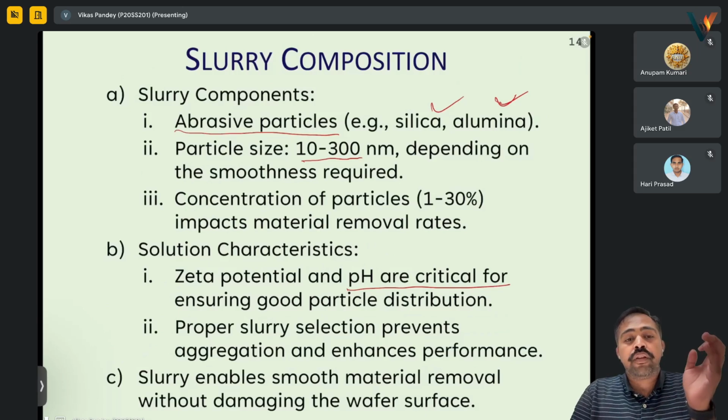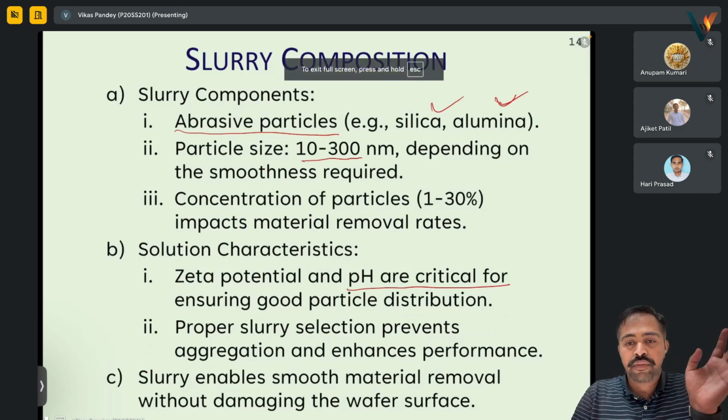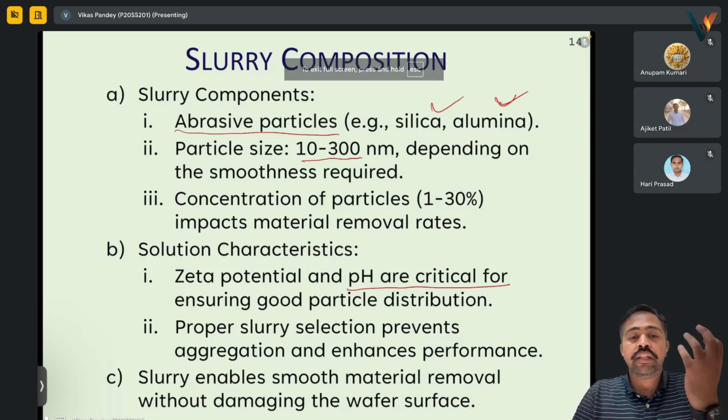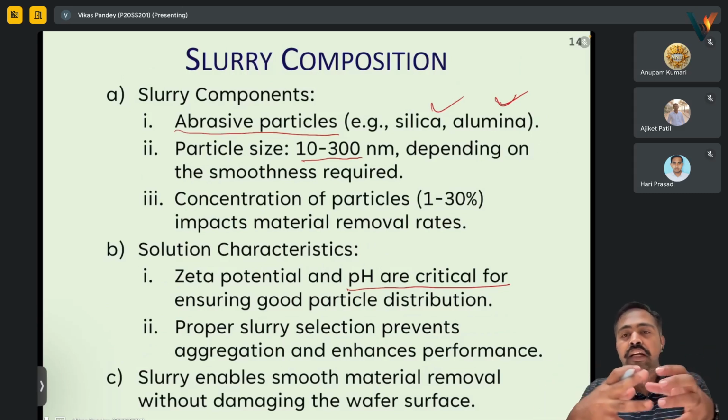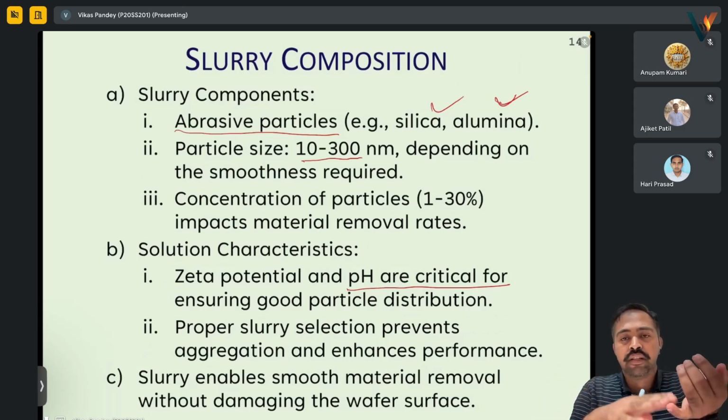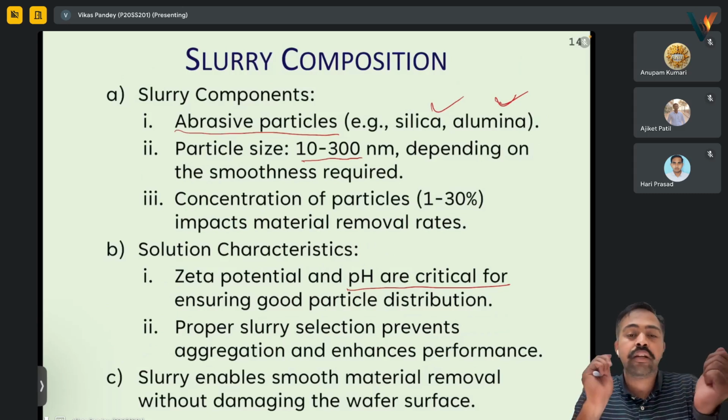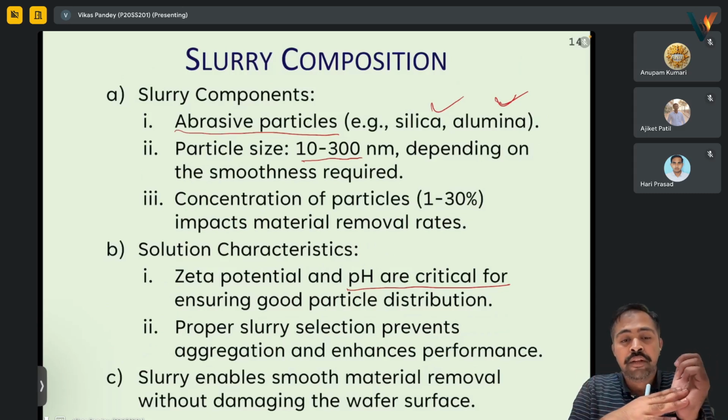We have to ensure that the zeta potential is ideally zero and pH is neutral, so that there is no aggregation of the silica and alumina; whatever is the best pH for maintaining the solution characteristics has to be maintained.